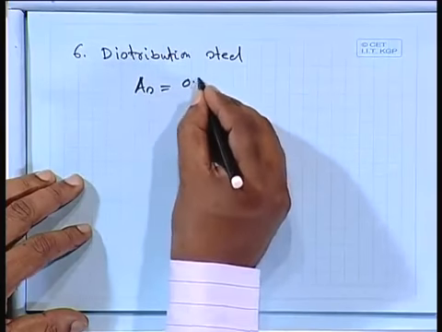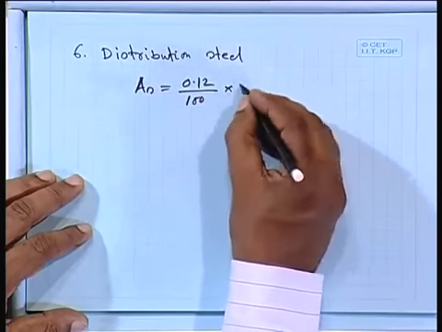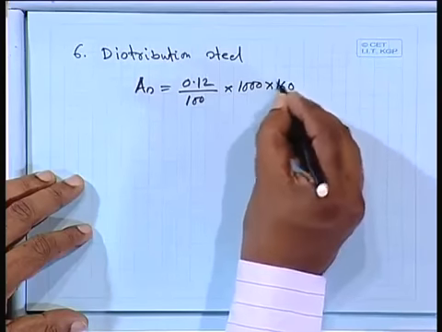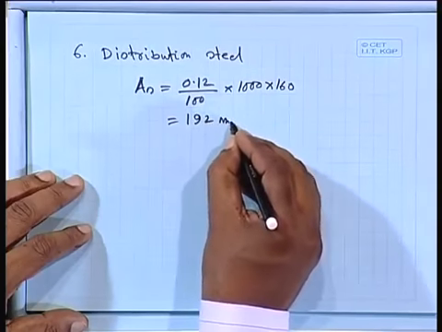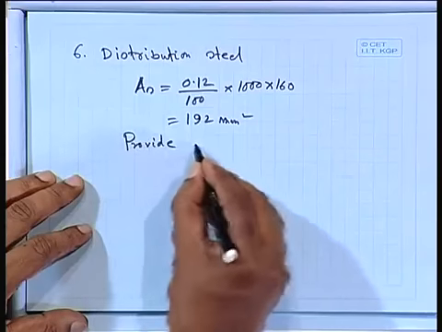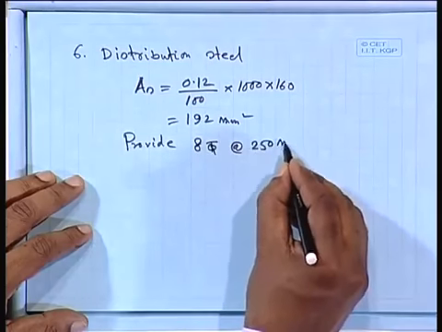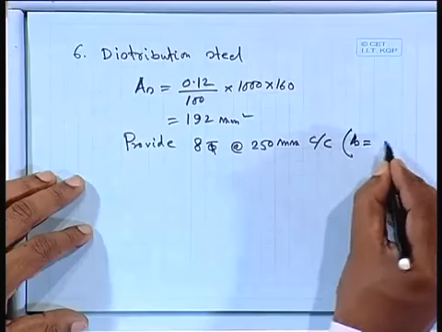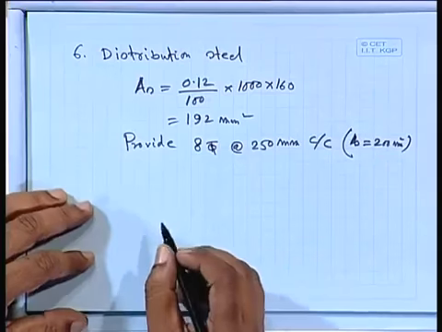So Ast equal to 0.12 by 100 times 1000, that is the 1 meter width, times 160 overall depth, comes as 192 millimeter square. Provide 8 torr at the rate of 250 millimeter center to center. So area of steel provided is 200 square millimeter.